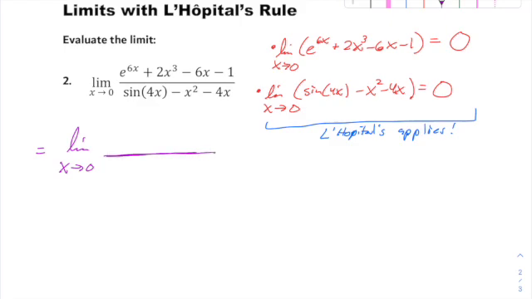E to the 6x, the derivative of e to the 6x is e to the 6x, but then you've got a little chain rule there, so you got to multiply by 6. So that's 6e to the 6x. The rest of it is power rule, so just be careful. Derivative of 2x cubed, 6x squared, minus 6, and the constant negative 1 drops out.